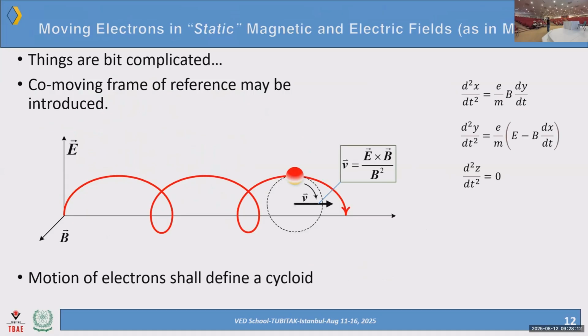Another thing, this is another cartoon. It's similar to what you have seen in the previous slide. If I have a solenoid in this direction and I'm looking in from the axial direction, then I will see a circle. But if I go to a different frame of reference, then it will make a cycloid sort of movement.